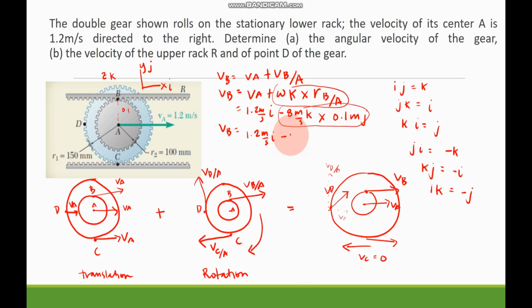So negative 0.8 and then still negative I. So negative I. Therefore, VB is equal to 1.2 meter per second I, negative, so positive, plus 0.8 I. So, if we combine them, VB is now equal to 1.2 plus 0.8, so it is equal to 2.0 meter per second. So, this will be the velocity of our B, 2 meters per second.